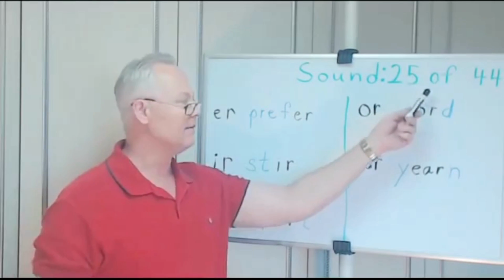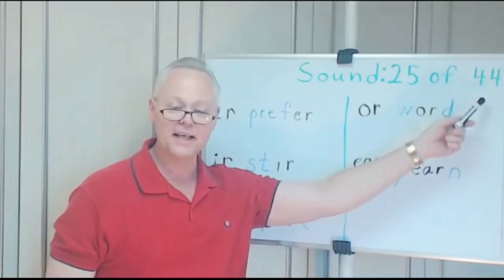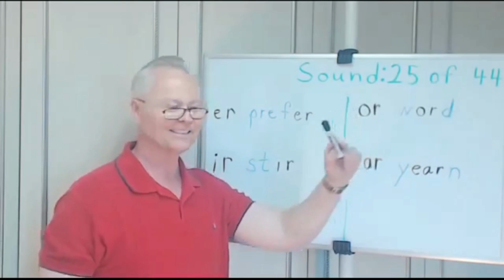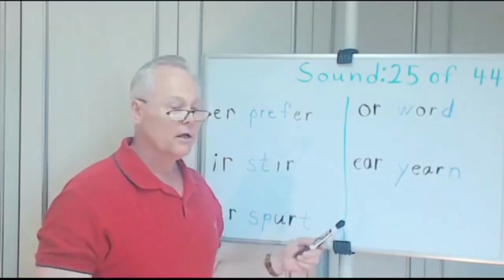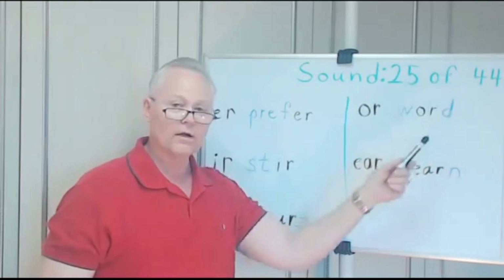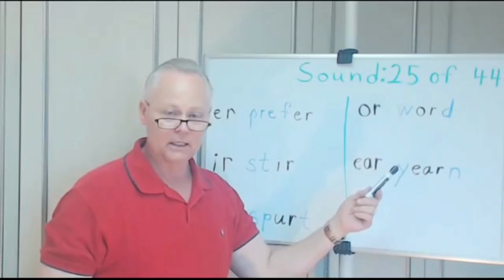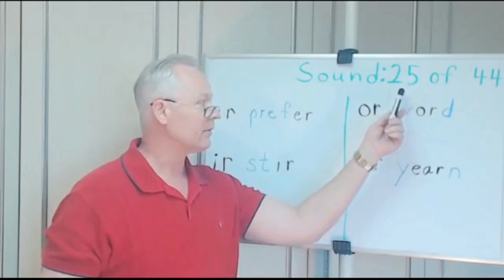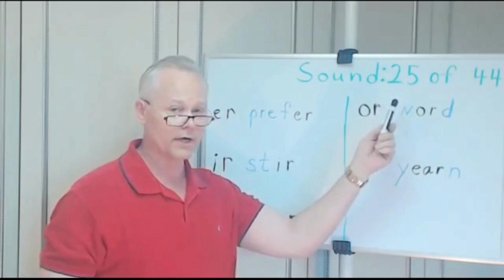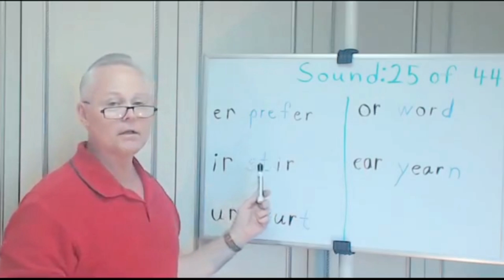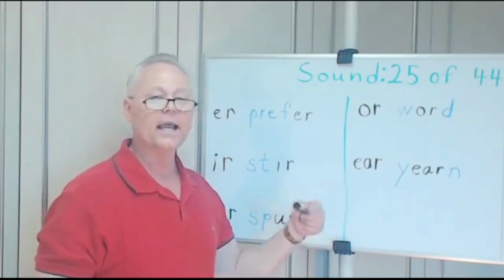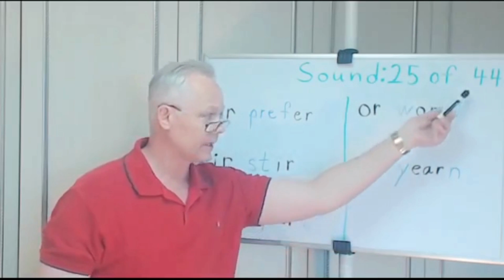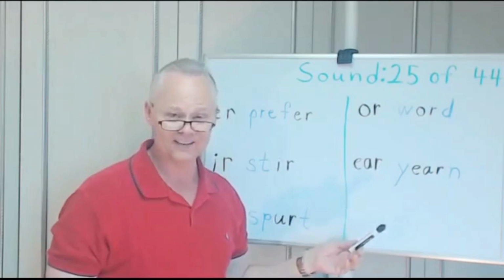Hello. Sound 25 of the 44 sounds that make up American English. Now, as I stated in earlier videos, in this 44 video sequence of sounds, the first 24, we're going to focus on consonants and consonant combinations and the sounds they make pertaining to the 44 sounds.